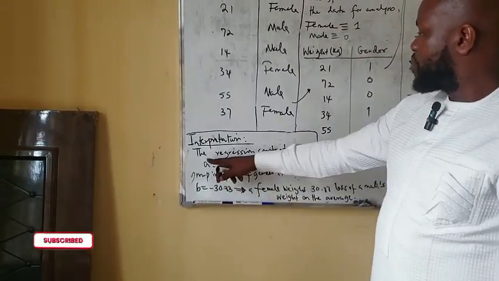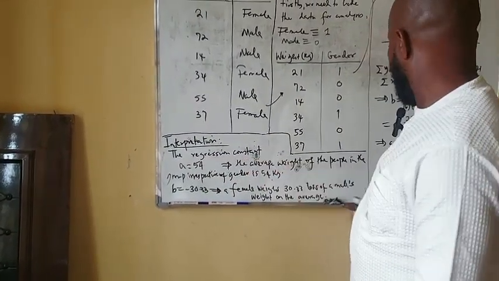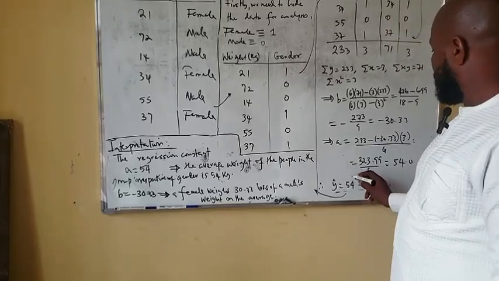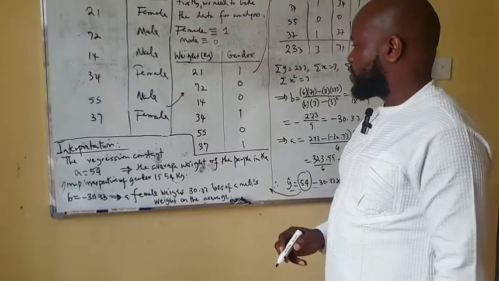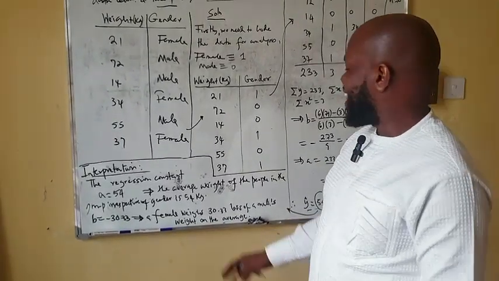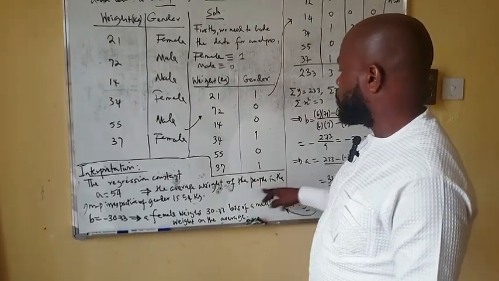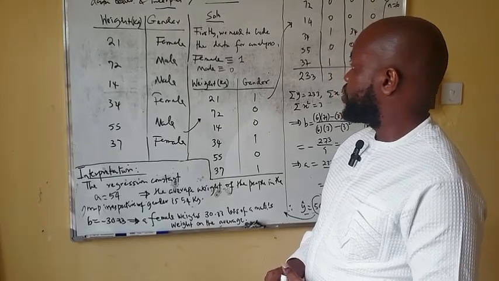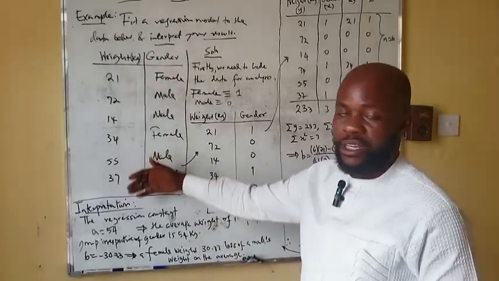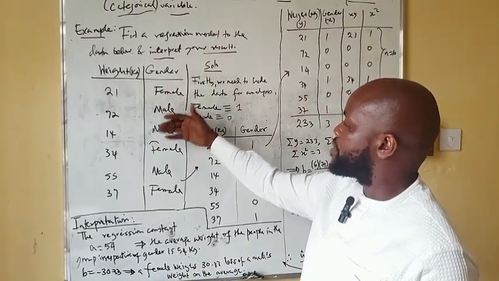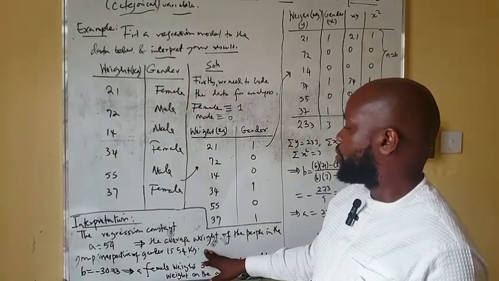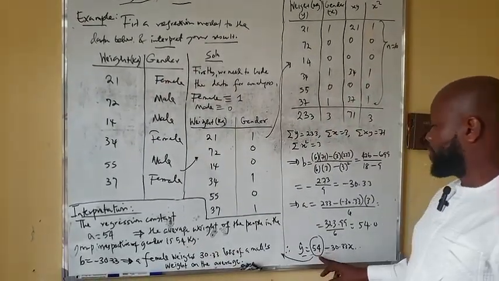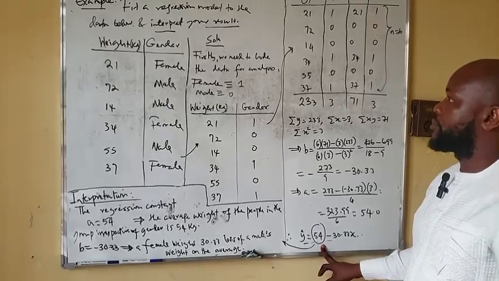And here we say that the regression constant, which is 54, implies that the average weight of the people in the group, irrespective of gender, is 54 kg. So no matter the gender, the average weight of any person picked from here will be 54. That is the meaning of this particular regression constant.